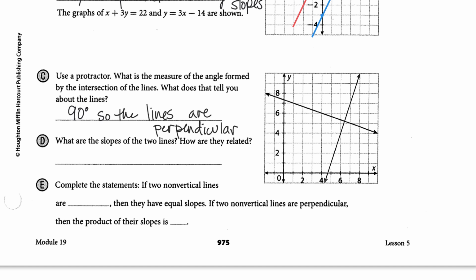Then it asks, what are the slopes of the two lines and how are they related? I'm going to change them into slope-intercept form up at the top.